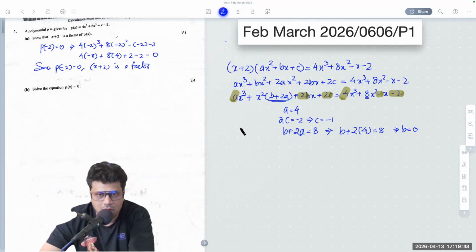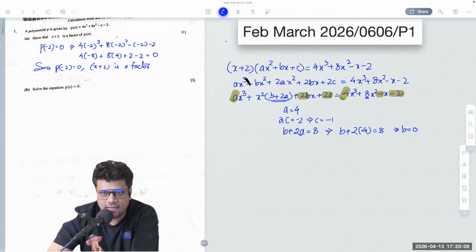Okay. Why am I getting b equal to 0 here, when I am getting b equal to minus 1 by 2 from the other one? A is 4, 2c is minus 2, so c is minus 1.